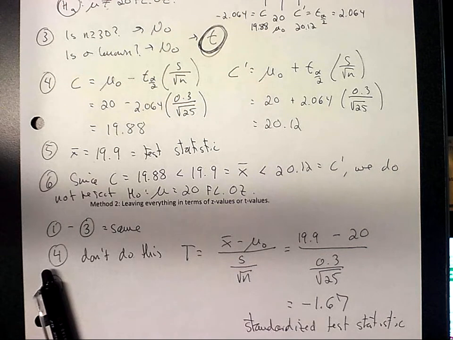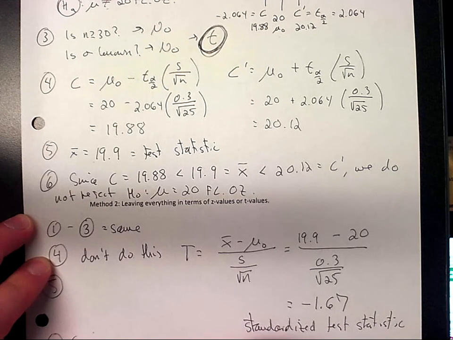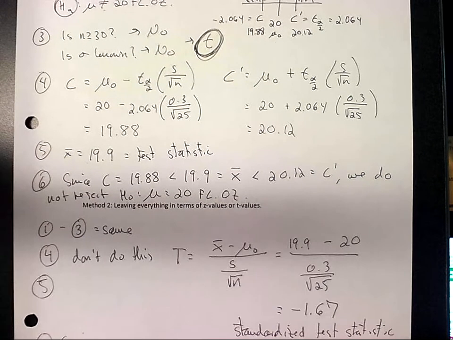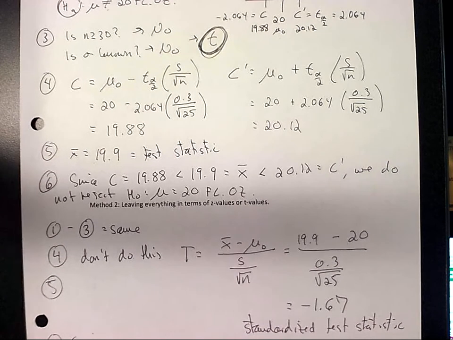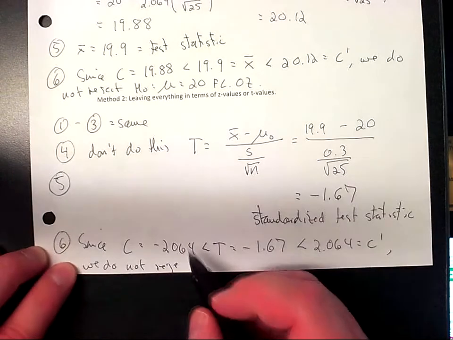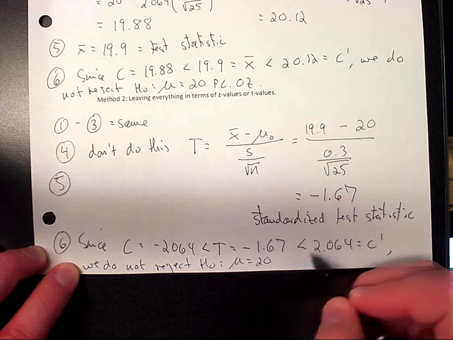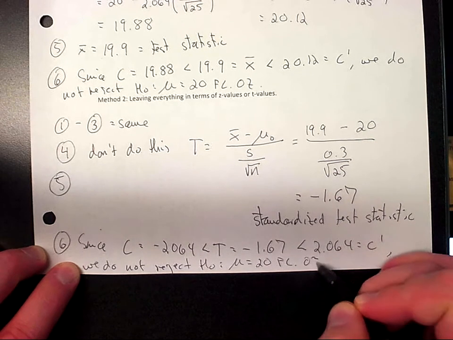So therefore, here, we're going to say that since C, which is equal to negative 2.064, is strictly less than T, which is equal to negative 1.67, which is strictly less than 2.064, which is equal to C prime, we do not reject the null hypothesis that mu is equal to 20 fluid ounces.